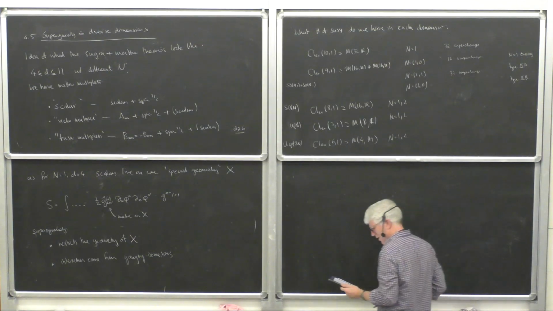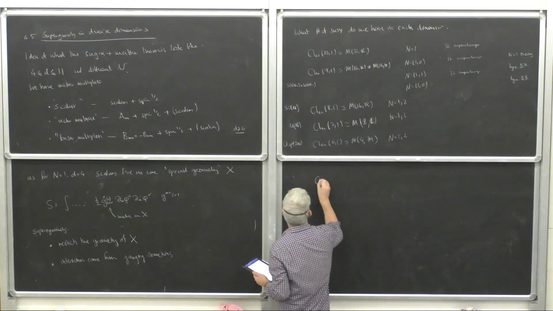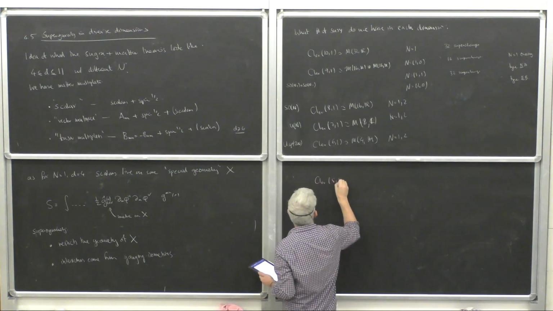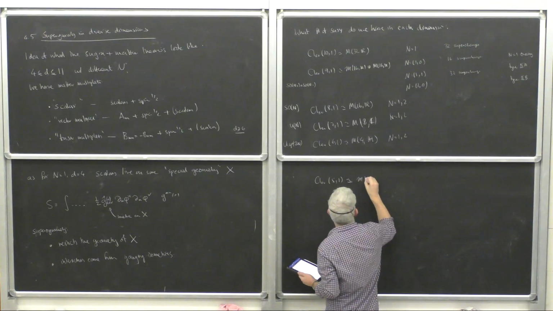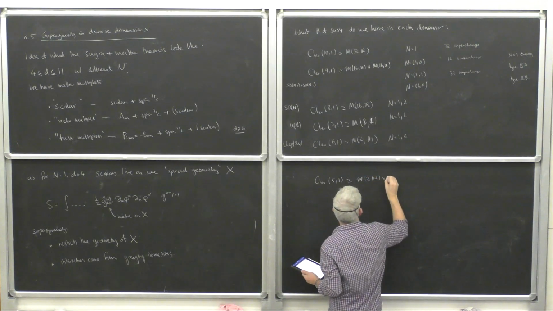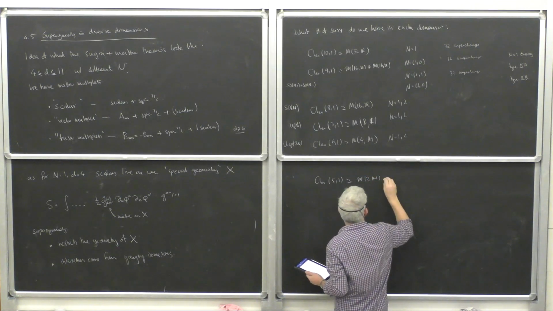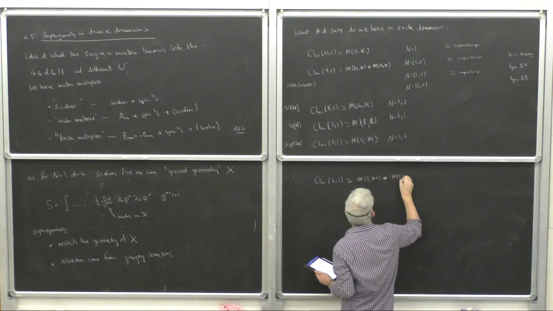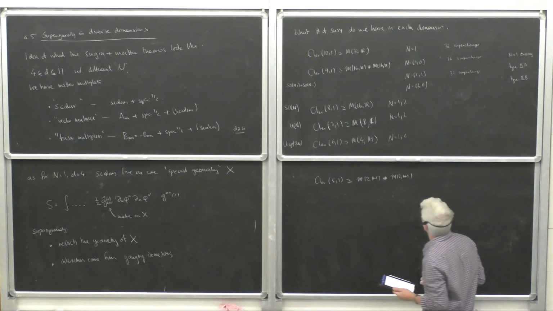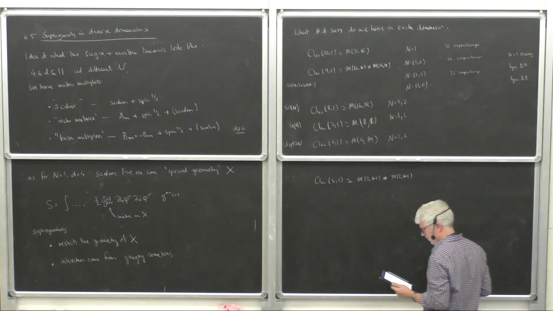Then I have the interesting case of the even Clifford algebra in 5,1, and that looks like M2(H) plus M2(H). And so now I have more possibilities.